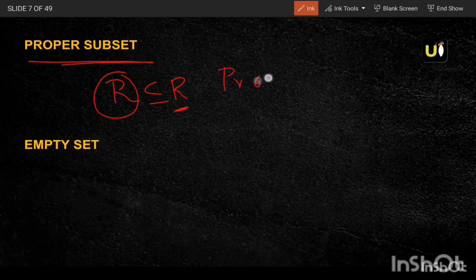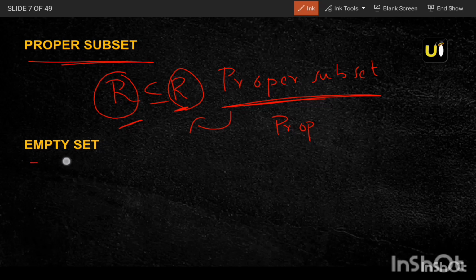Proper subset means all the subsets of a particular set except itself are considered proper subsets. All the subsets of the given set except itself are called proper subsets. Okay, next coming to the empty set.